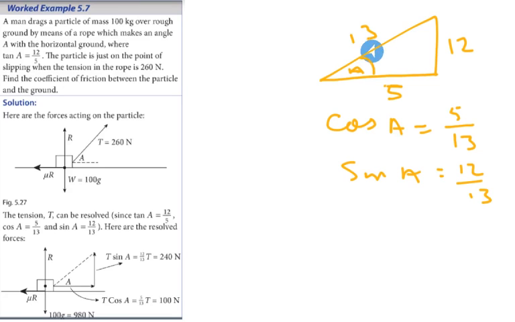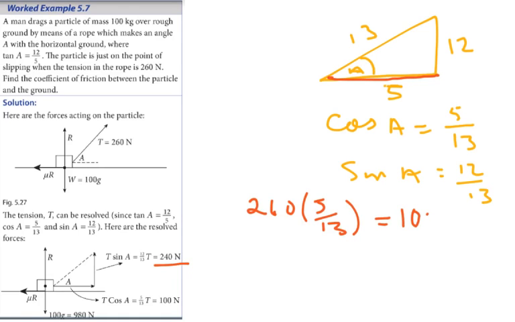We know that this force along here is equal to 260 newtons. So therefore, to work out this force in the horizontal way is going to be 260 cosine A, which is 5 over 13. And that gives us the horizontal equals 100 newtons.